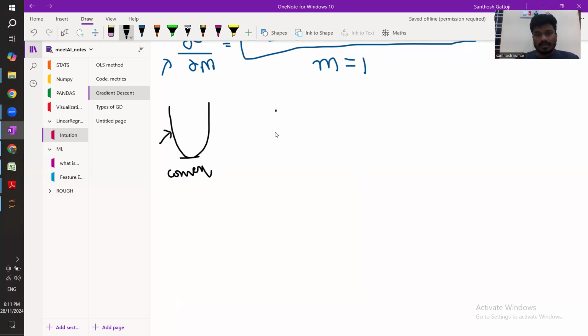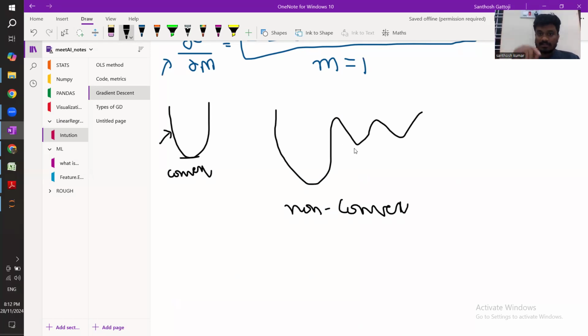But the problem comes when you are having non-convex. Here you will understand the advantage of batch and stochastic. If you start using batch, you started randomly here.